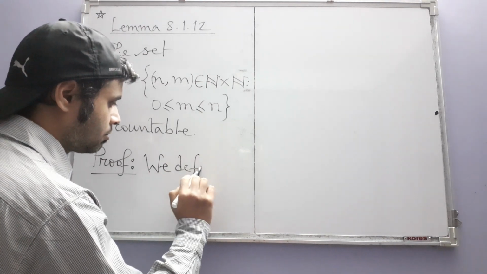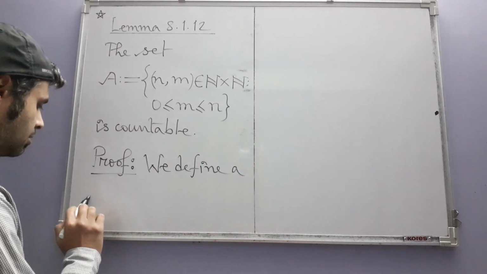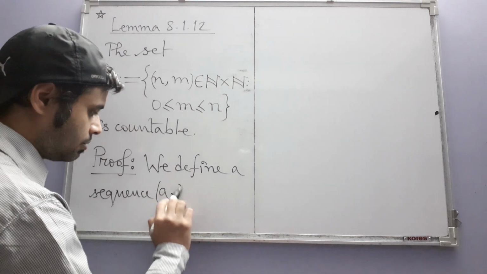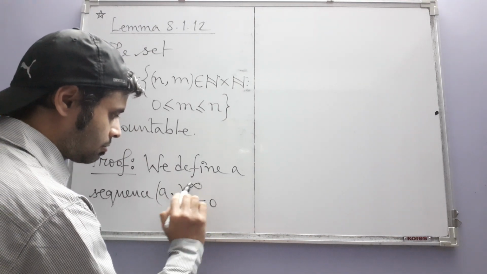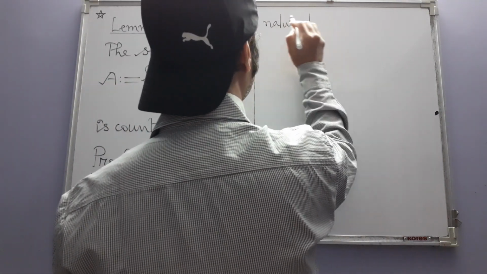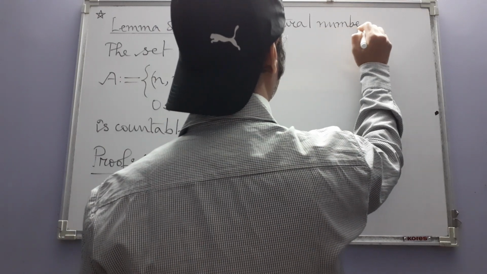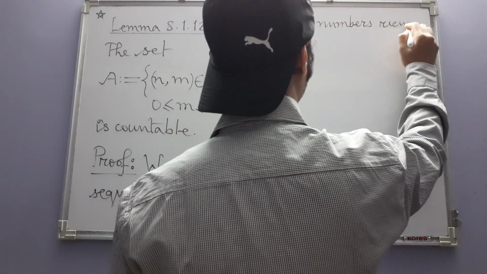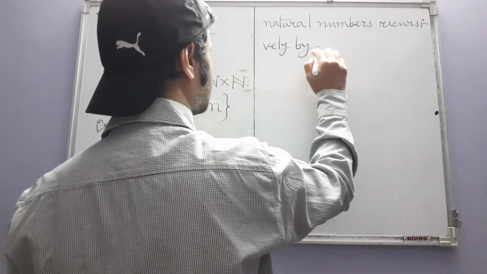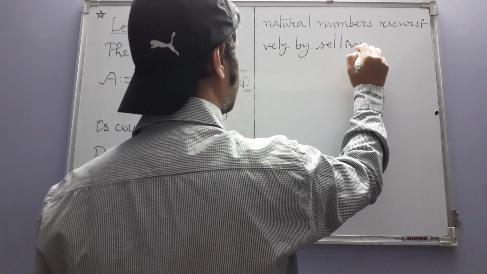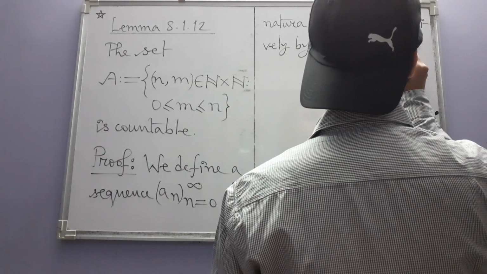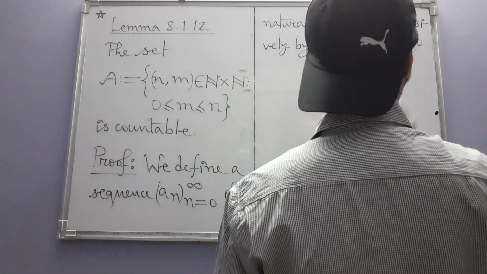We define a sequence a_n of natural numbers recursively by setting a_0 equal to 0.